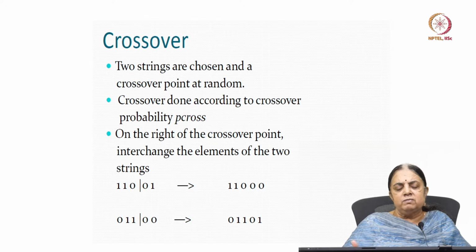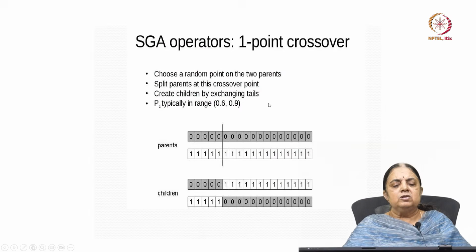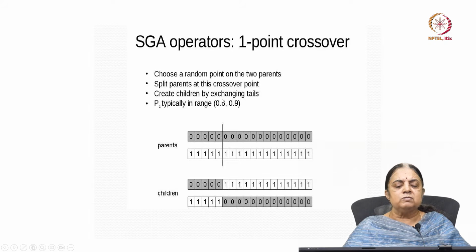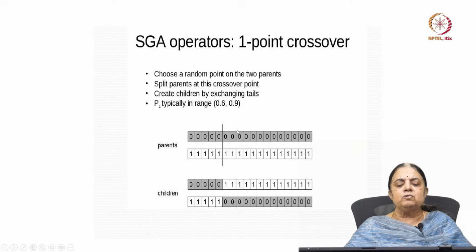There are many variations of the crossover also. This is the one point crossover we are talking about, where you choose one crossover point like this and all the elements after that are interchanged. You also use what is called the probability of crossover, which is usually taken between 0.6 and 0.9.